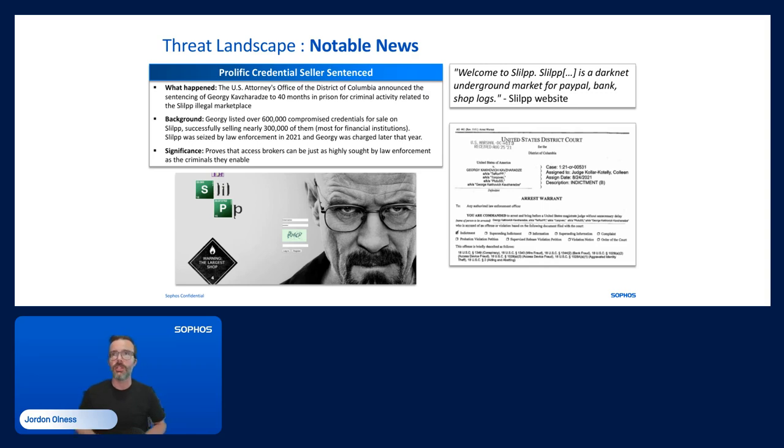Georgi is accused of attempting to sell over 600,000 credentials on that marketplace, successfully selling over 300,000 of them. According to the announcement, this resulted in approximately $1.2 million of losses for victims. This marketplace was shut down in 2021, and this person was arrested and extradited later that year.